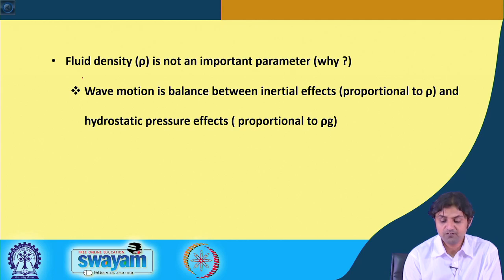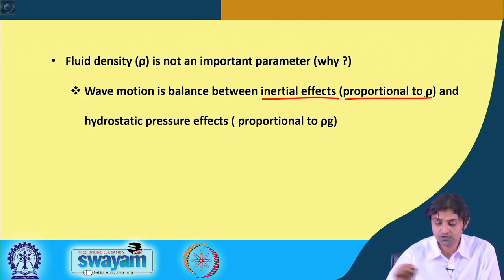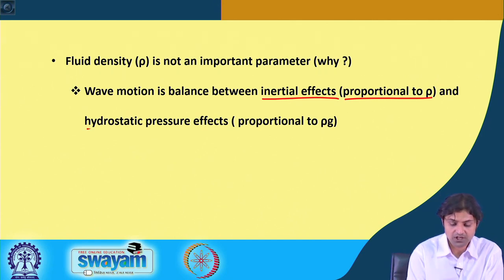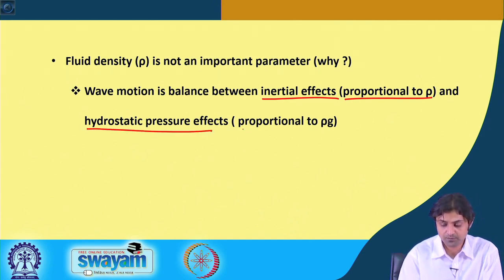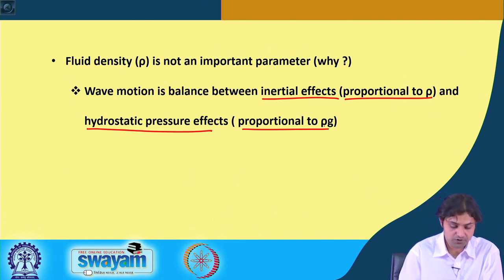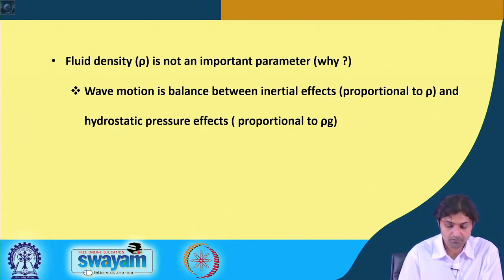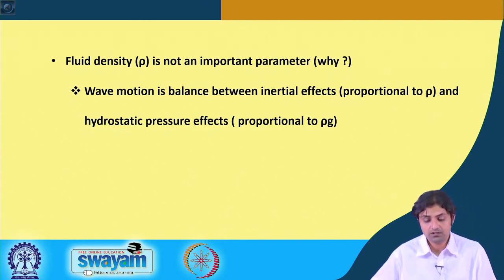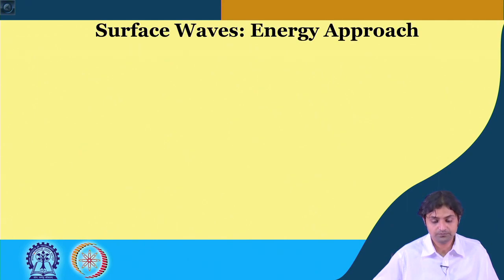The reason is the wave motion is a balance between the inertial effects, which is proportional to rho, and also the hydrostatic pressure effect, which is proportional to rho g. In that way, rho and rho gets cancelled out from both sides, and that is why fluid density is not an important parameter in the speed of the wave. Okay.